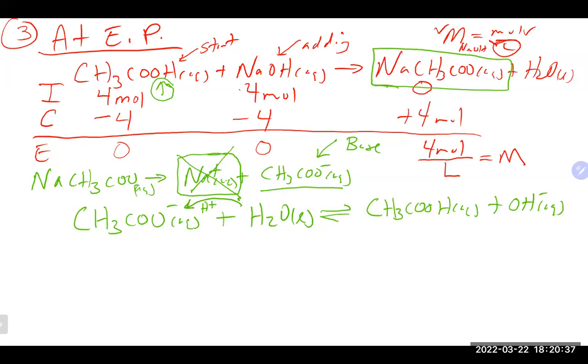Just like when we talked about with salts, without even finishing the calculation, my pH should be acidic, basic, or neutral. It is going to be basic here as we just produce hydroxide. So again, a good thing to think about, a good thing to know, because when you get your answer at the end, you should hopefully have a basic pH here.